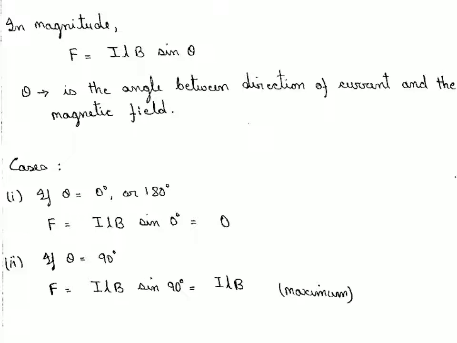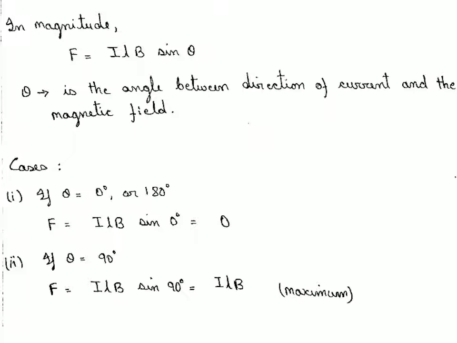One is when theta is equal to 0 or 180 degrees, which means that if you place the conductor in such a way that the direction of flow is in the direction of the field or opposite the direction of the field. That is, you place the conductor parallel to the direction of the field.